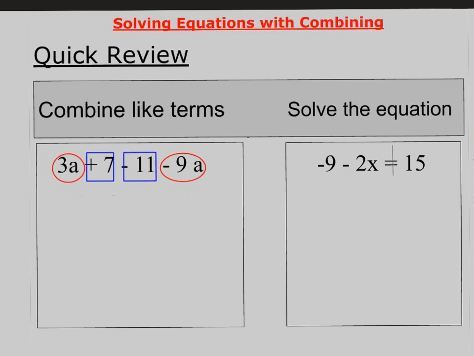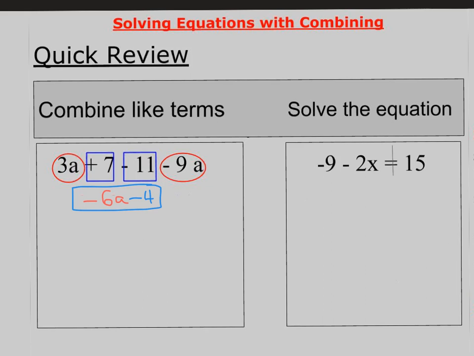You can see the A terms are circled in red and the numerical terms are boxed in blue. So if I were to combine 3a minus 9a, I would end up with negative 6a. And then when I combine the 7 minus 11, I end up with negative 4. So that would be my answer when I combine the like terms.